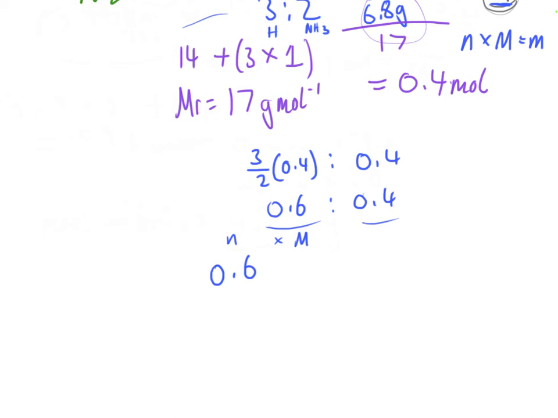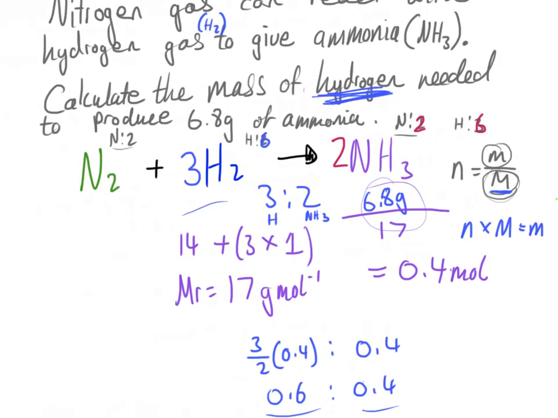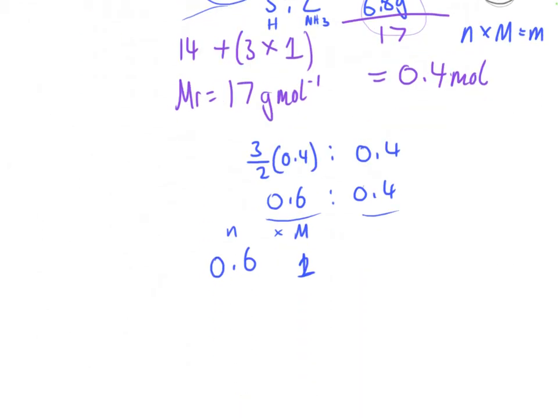As I showed you before, the relative atomic mass of hydrogen is 1. We're just going to multiply by 1, because we've already used ratios in the number of moles. No, actually, we multiply it by 2, because it's a whole molecule of H2, which has a molar mass of 2. So we multiply 0.6 by 2, and what we get is 1.2.